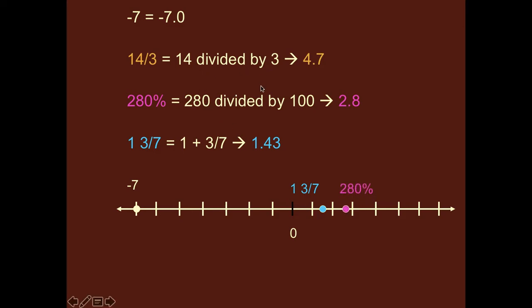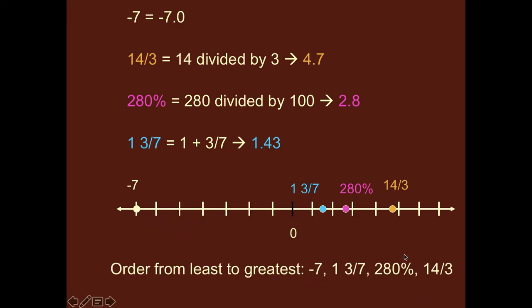Then we have 280%, which is 2.8. Then 14 over 3 is 4.7. So this is how we have arranged from least to greatest: negative 7, then 1 3/7, then 280%, then 14 over 3. So this is how we are going to solve the numbers on the number line.